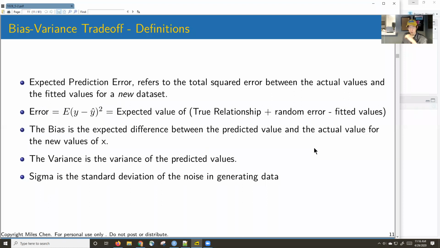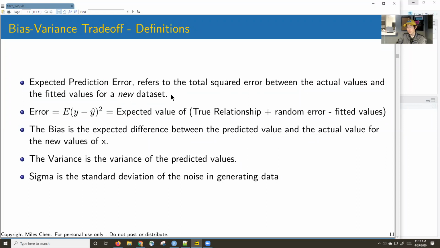All right, so let's talk about each of these terms. The expected prediction error refers to the total squared error between the actual values and the predicted values for a new data set, a data set that you haven't seen yet. We're not talking about the error in your observed training data, because you can keep shrinking that by making your model more complicated.